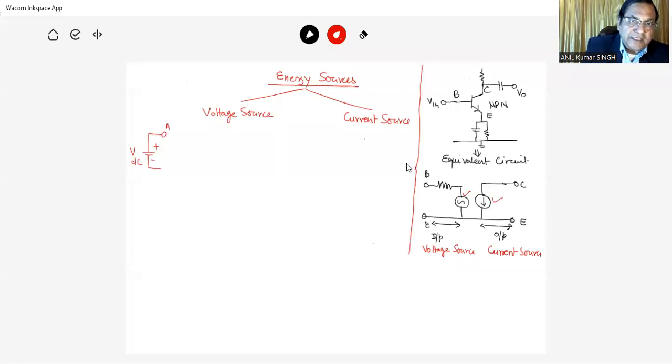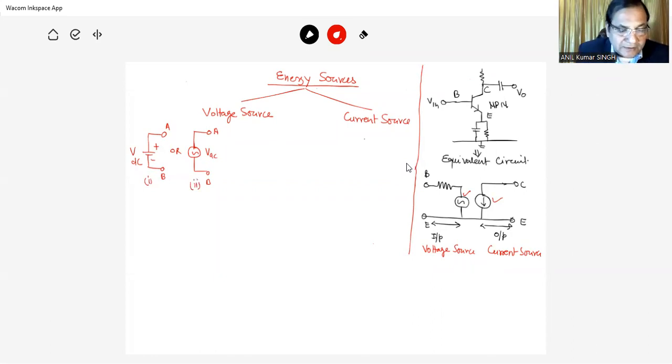This point is A and this point is B. Or we can have this type of symbol with one wave. So this is the VAC symbol. This is the A terminal and this is the B terminal. So the first one is the DC source, and the second one is the AC source.